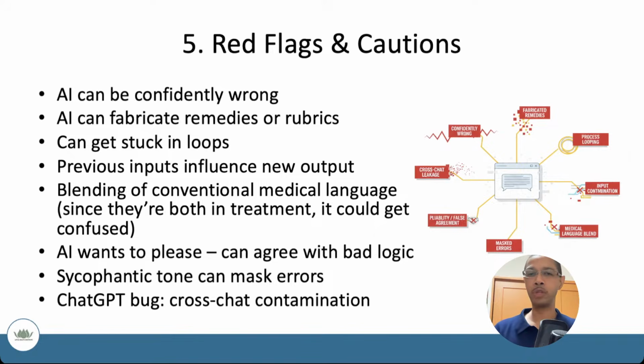Now, when using it, it can fabricate remedies or rubrics. It has been trained on Materia Medica and repertories, the Organon. It has some of that training in there, but it's not a database. So it can't spit out the exact lines or the exact rubrics from there.